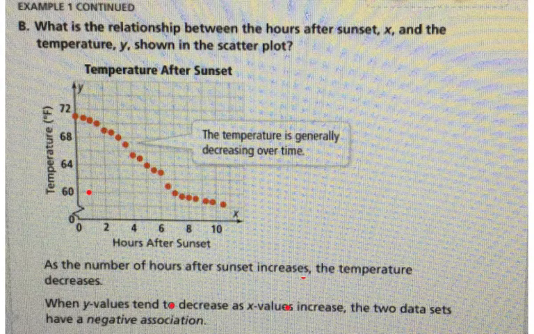When the Y values decrease as X values increase, then we say these have a negative association. Sorry, that should be highlighted. Negative association here. As I look at this graph from left to right, it is decreasing over time. So again, that's a negative association. Any questions there?